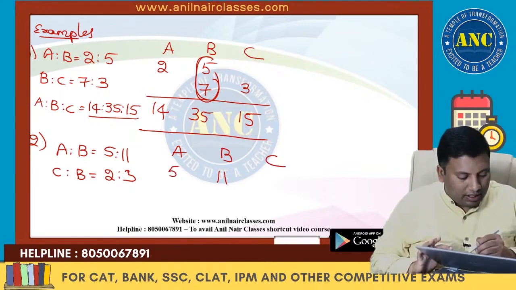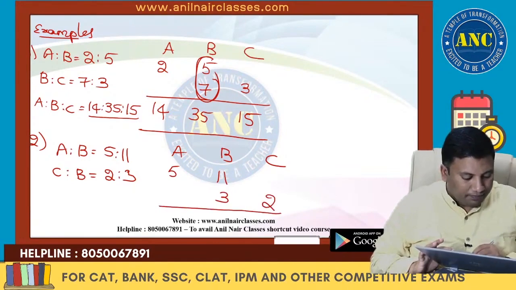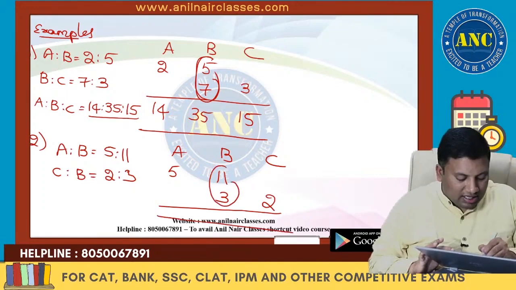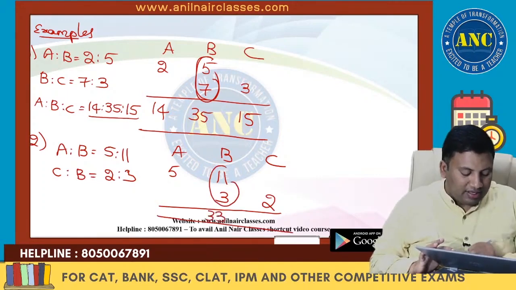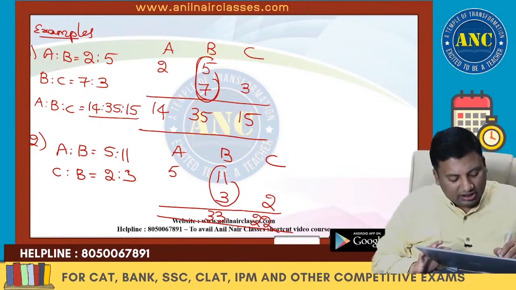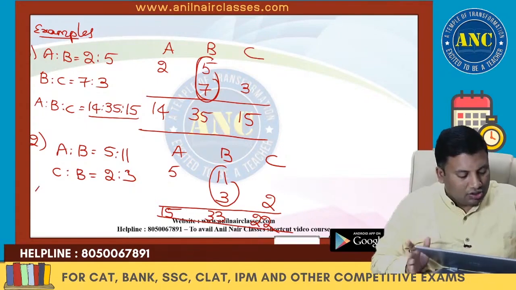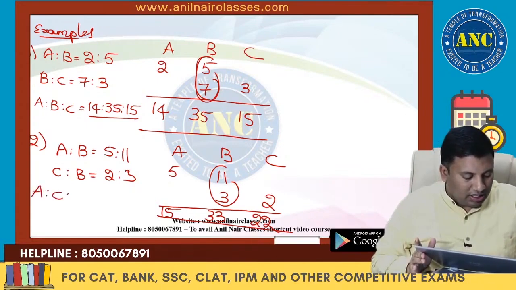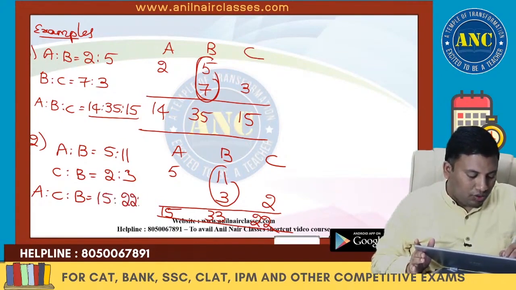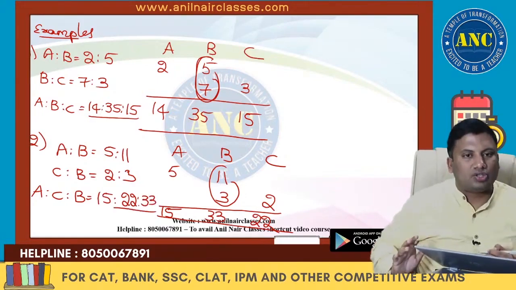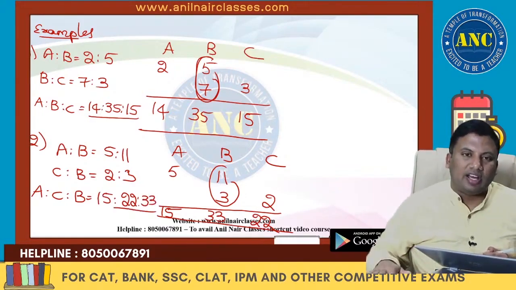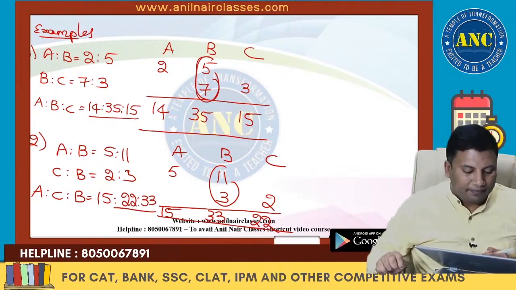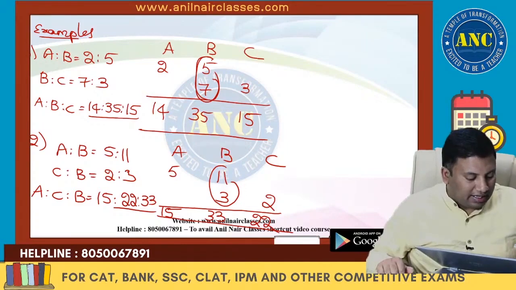C is to B, C is 2 parts, B is 3 parts. 11 3s are 33. 2 11s are 22. 5 3s are 15. So A is to C is to B is nothing but 15 is to 22 is to 33. I hope the idea is clear.